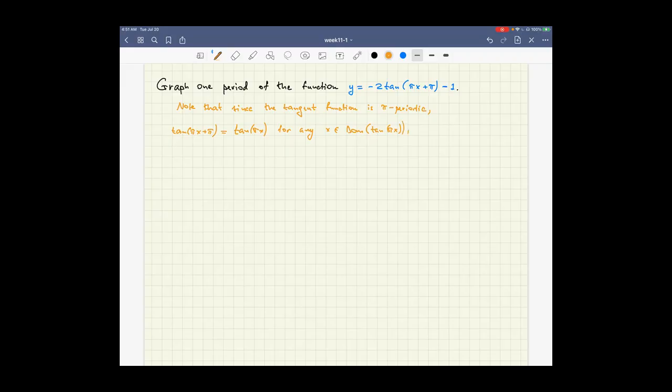So in fact, instead of graphing this, we may as well graph a simpler function. It'll be easier for us. We work with the function y equals -2 tangent of pi x, minus 1.